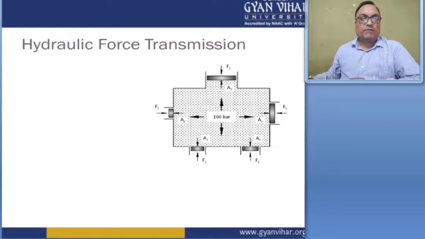At the 100 bar pressure, different pistons are attached, which create different forces. These are F1, F2, F3, F4 and F5. And if the forces are different, then the area of the piston is also different.